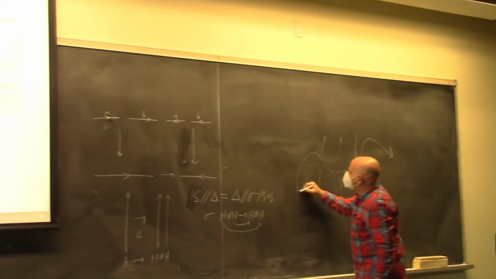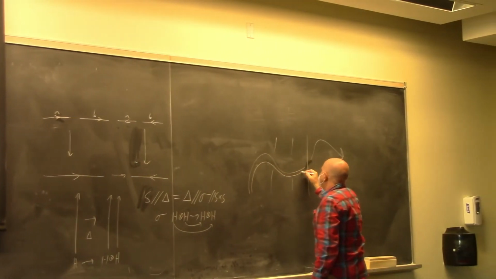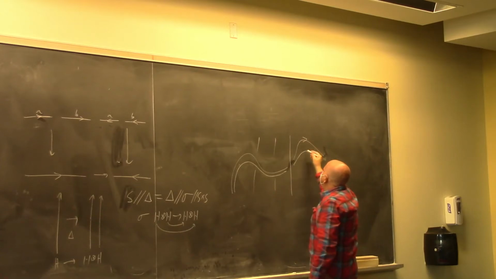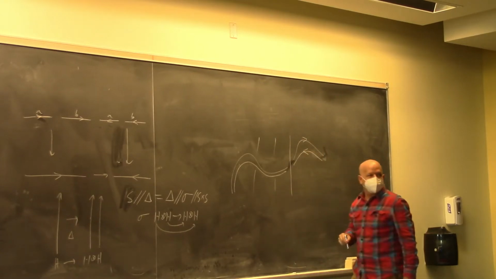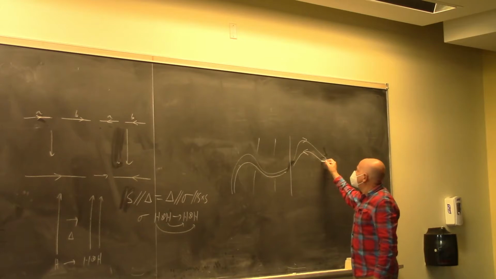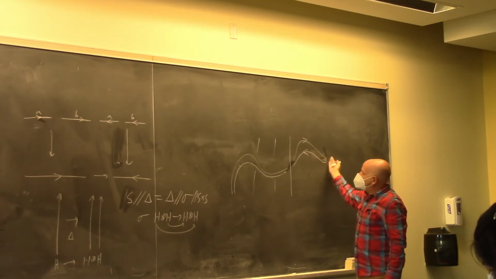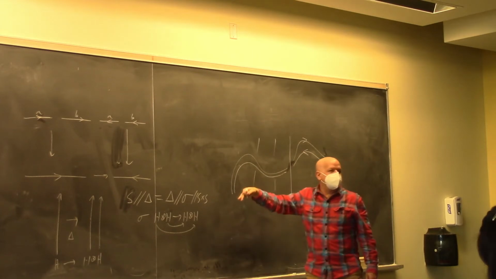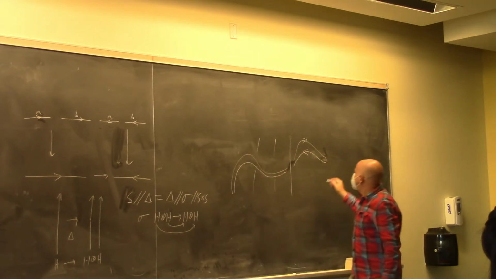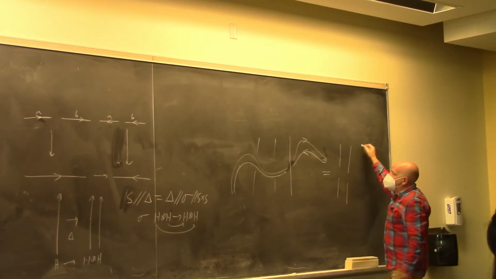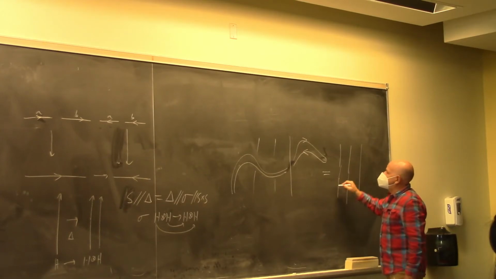And then you double it, and then you reverse one of the copies, and then you stitch, so you connect the two strands to each other. Well, what you got can now be swallowed into here. So this is equivalent to, well, to that.